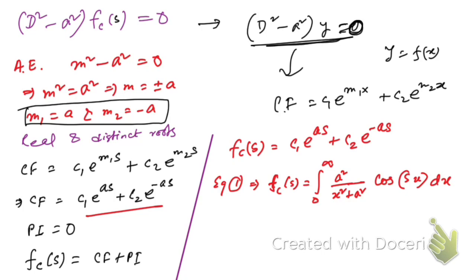So at s is equal to 0, fc of s at s is equal to 0, if you put s is equal to 0, then what are you going to have? Let me write these things in the next slide. Let me go to a new slide.